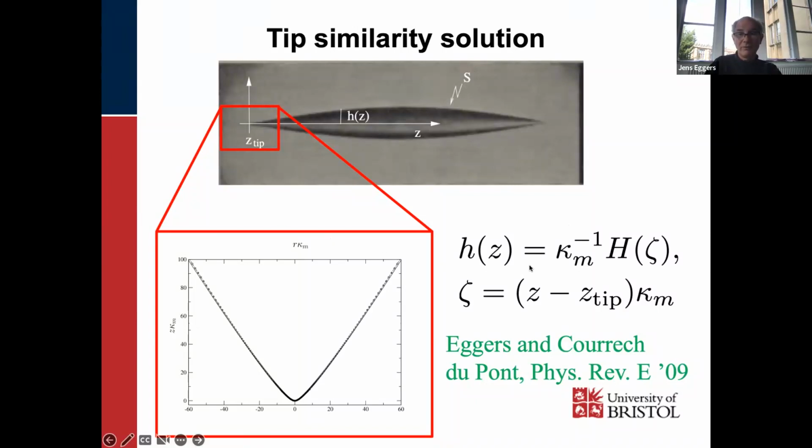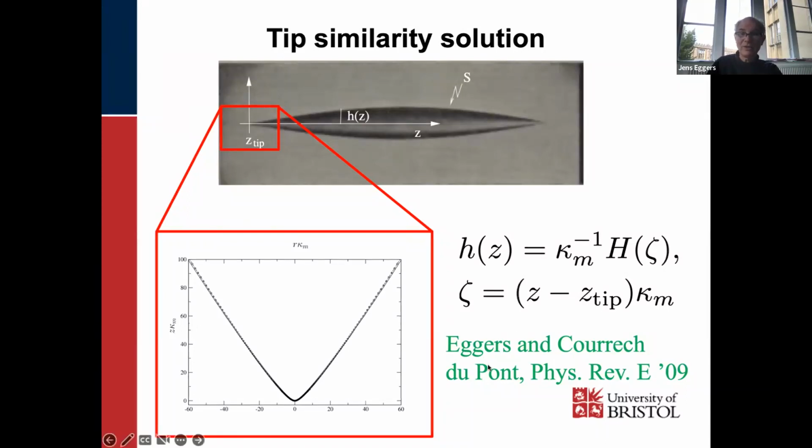And I've written both the radius here and the distance from the tip in units of the inverse curvature. And this already indicates that in actual fact, I want to describe a theory in which the curvature remains finite always.